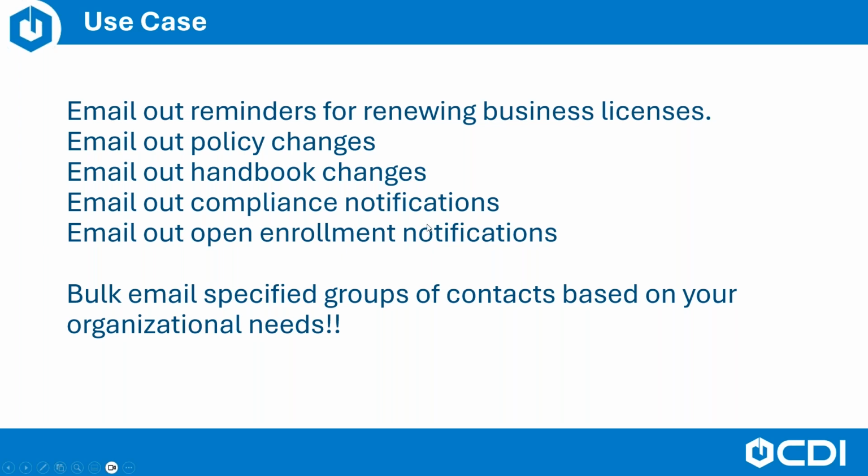Again, that goes back to the financial client who is looking for an easy process for bulk emailing. You're working with Schwab and you have new addendums that you have to send out or notifications based on funds, things like that. And so you can select the list of clients that you need to email based on whatever criteria you need. Open enrollment notification. So really, this process is great for any time you might need to send out bulk communication to your standardized list of people.